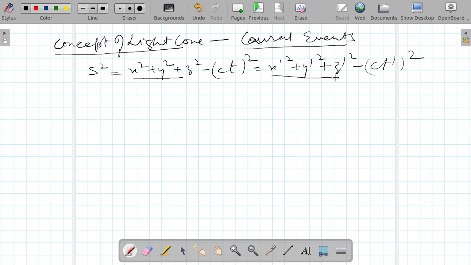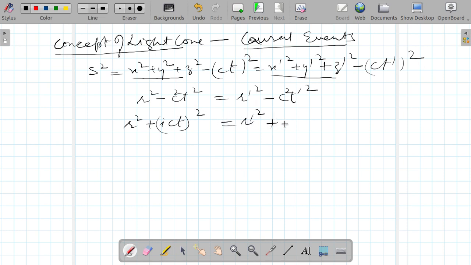And these are the spatial coordinates, and let me represent this as r. So it is r square minus c square t square must be equal to r prime square minus c square t prime square. And let me write it as r square plus iota ct whole square must be equal to r prime square plus iota ct prime square, right? So I can express this equation in this way.